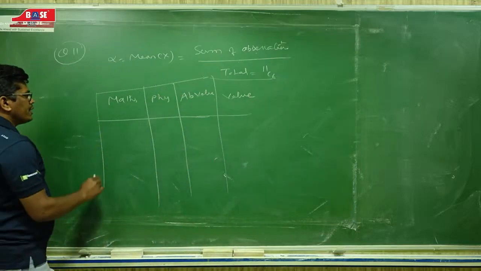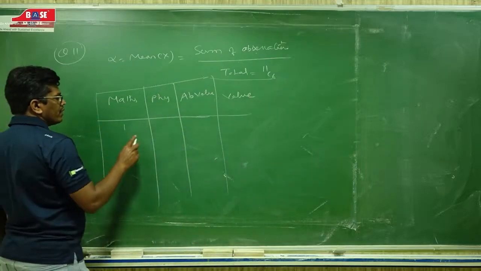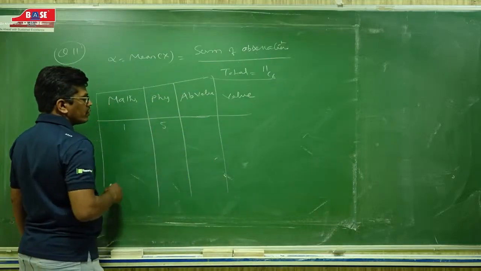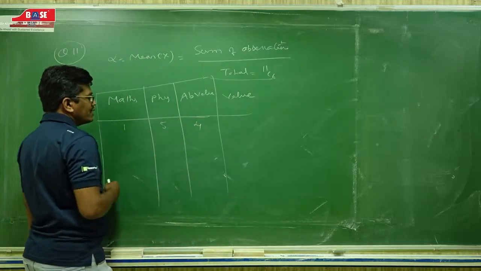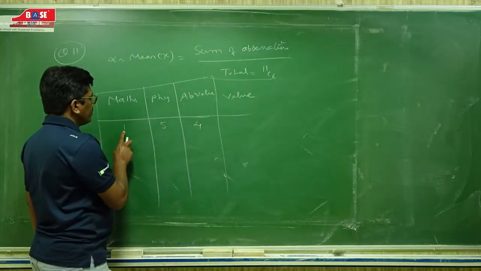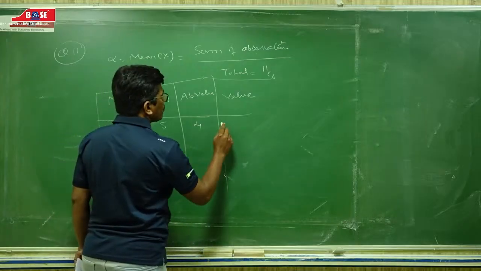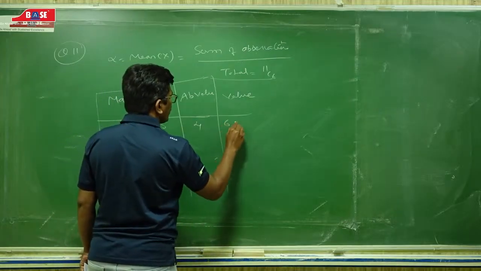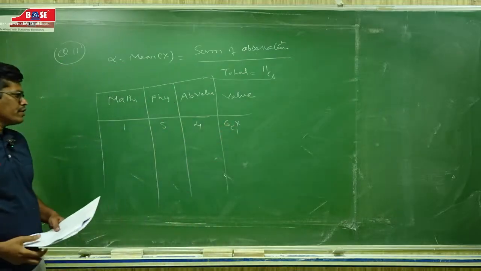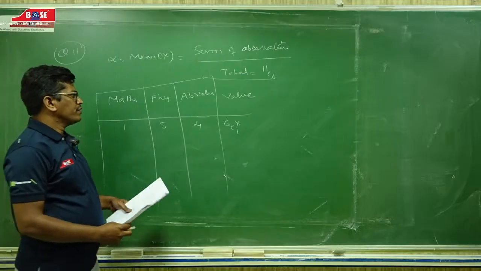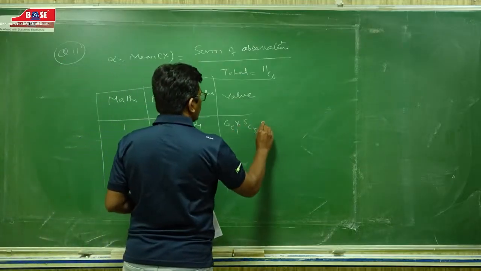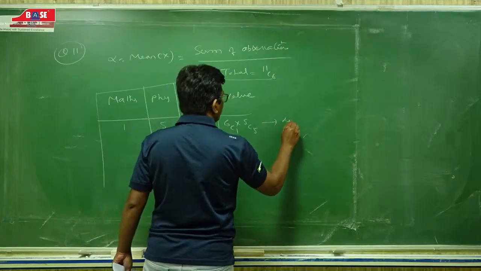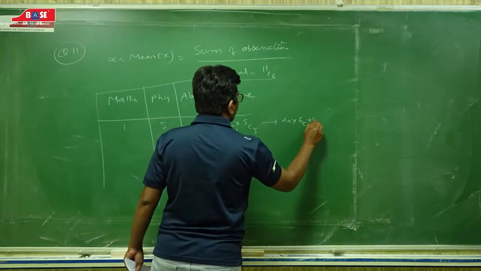Suppose we have selected 1 mathematics book, remaining we have to select 5 books, total 6 books. The absolute difference is 4. This can be done in how many ways? Selecting 1 maths book out of 6 books, 6C1, and selecting 5 physics books out of 5, 5C5. So the total value is 4 into 6C1 into 5C5.